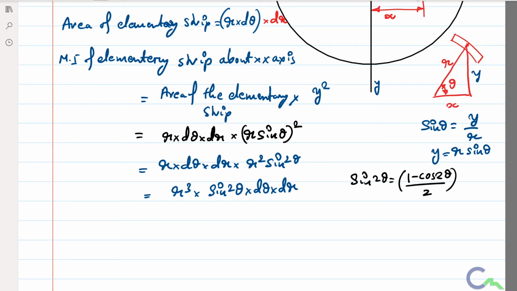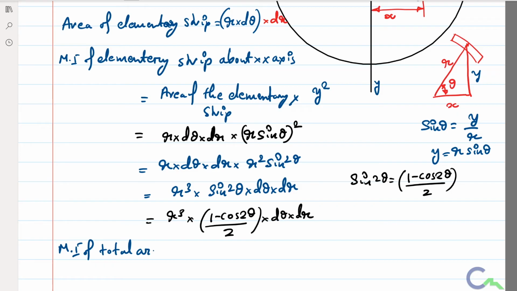Therefore, we will replace here for the elementary strip. Now the moment of inertia of the total area about the x-axis.